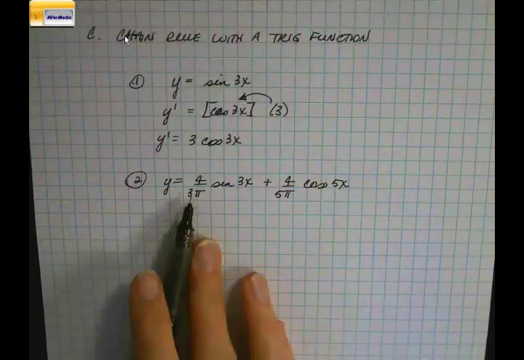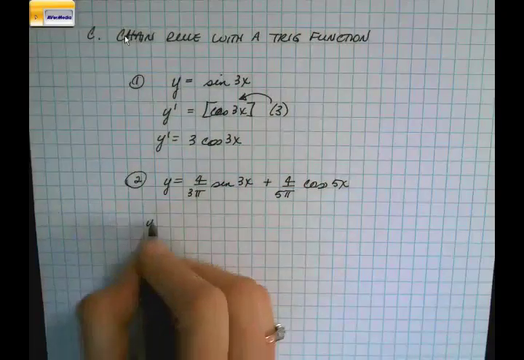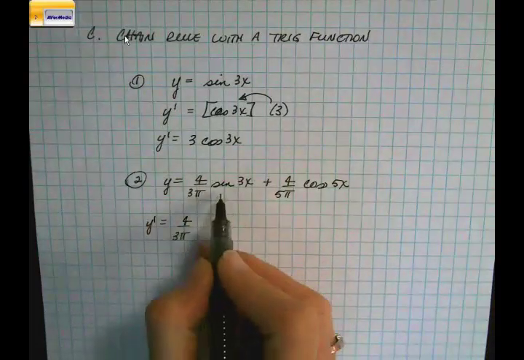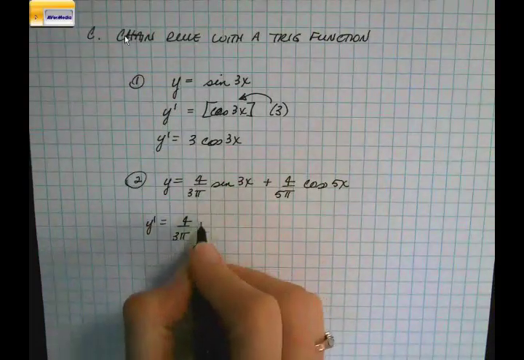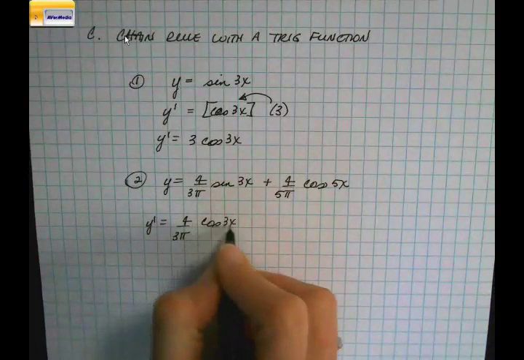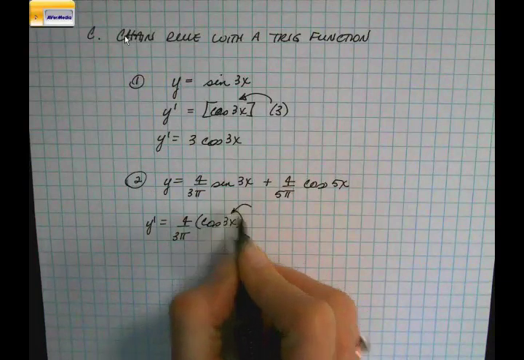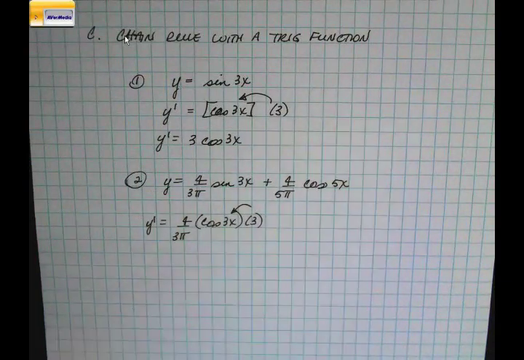Remember, when you take the derivative of a constant, the constant kind of comes out front. So you keep the 4 over 3 pi. The derivative of sine 3x is cosine 3x times what? What's the derivative of 3x? 3.